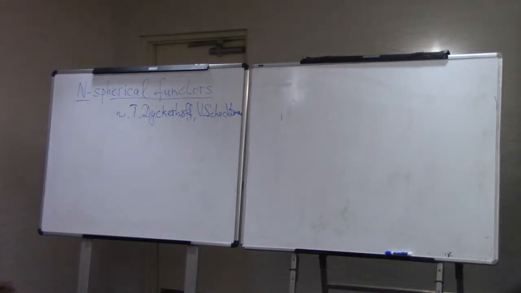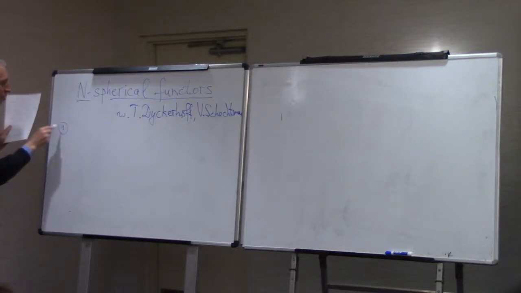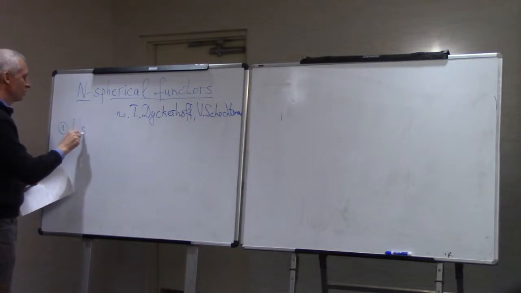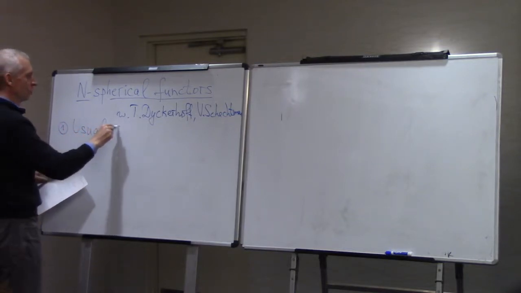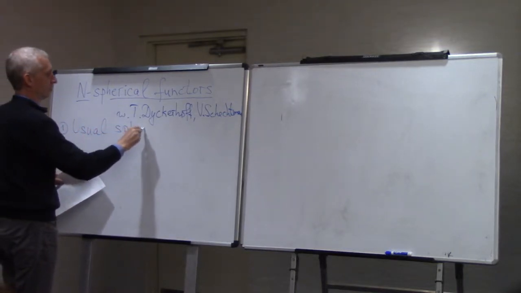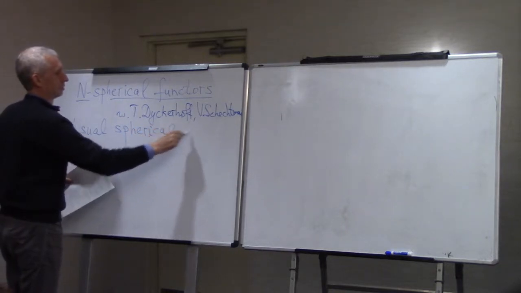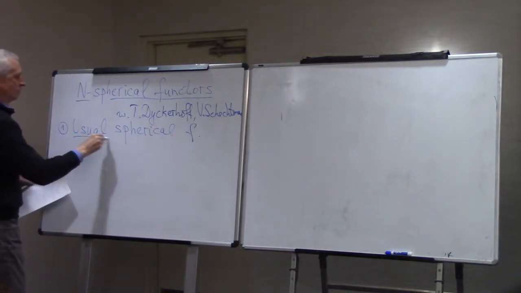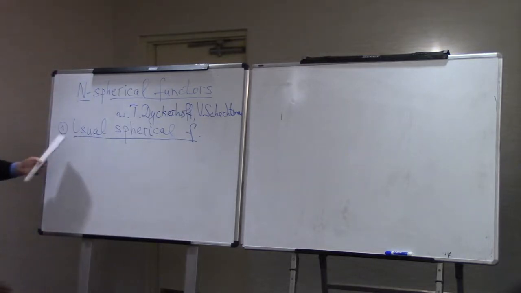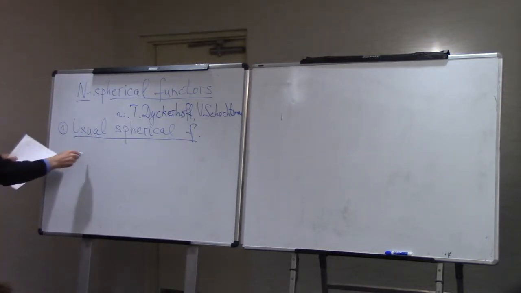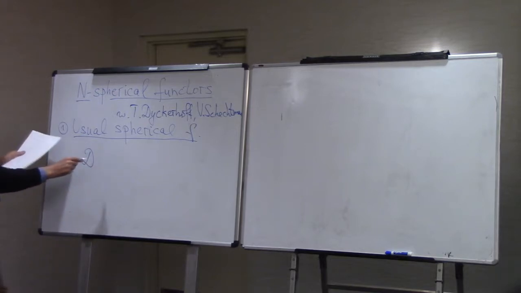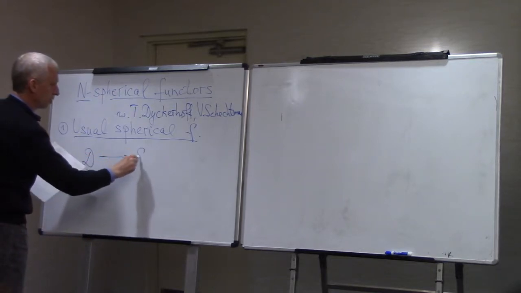I first recall the usual concept of spherical functors, which turned out to be so important in many areas related to mirror symmetry. In the most general formulation, we are dealing with a functor F between two triangulated categories.